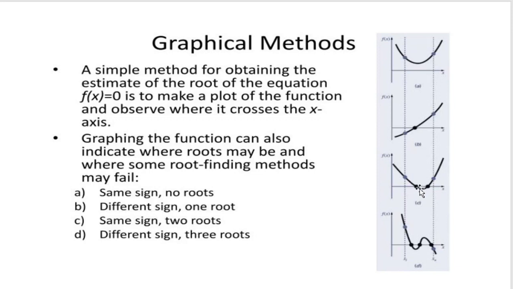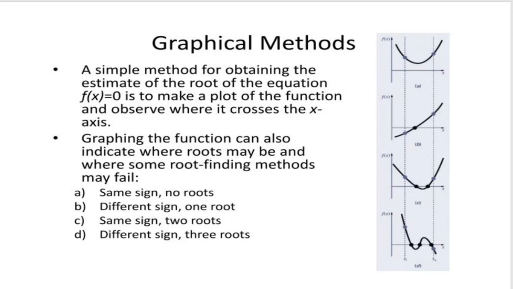So this is another case similar to the graph A. So if the function values at xl and xu have the same sign, it also may indicate that there will be two roots lying in the range xl to xu.